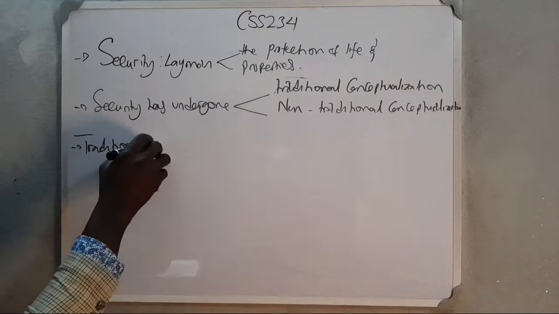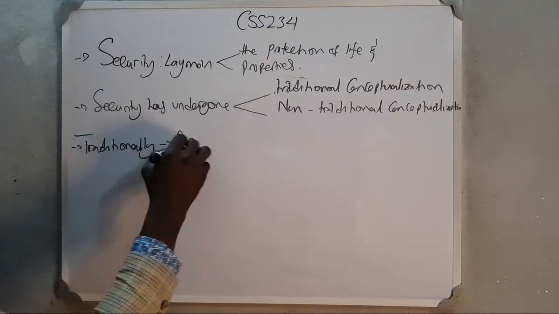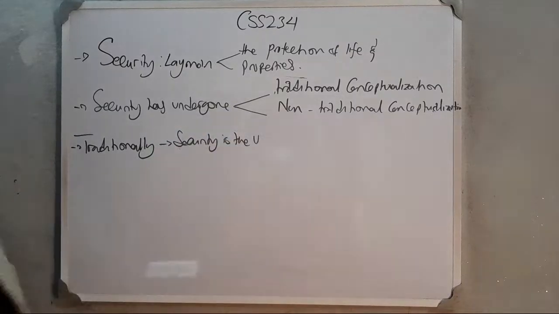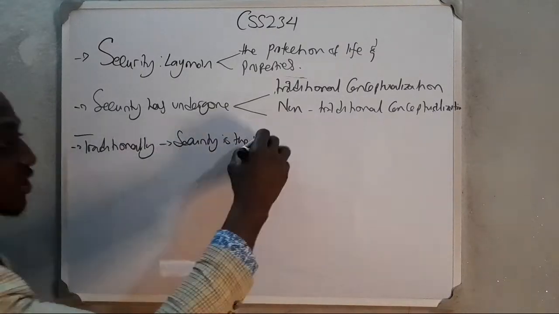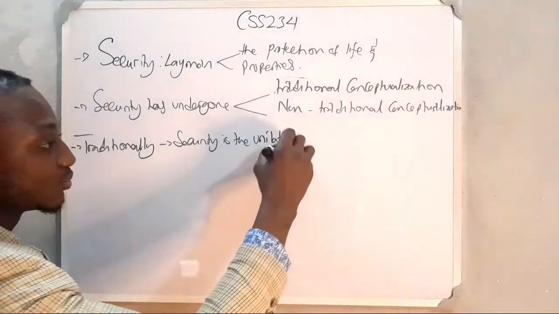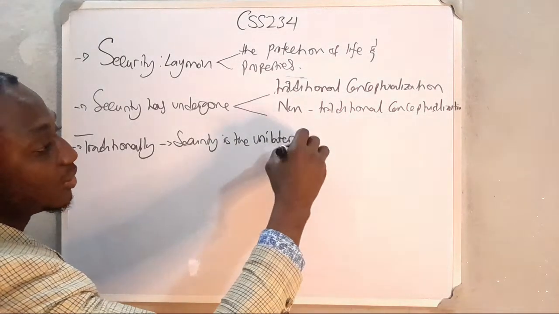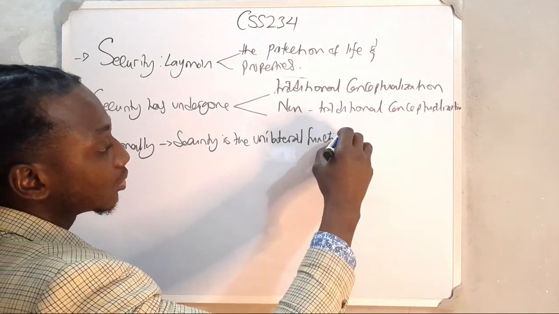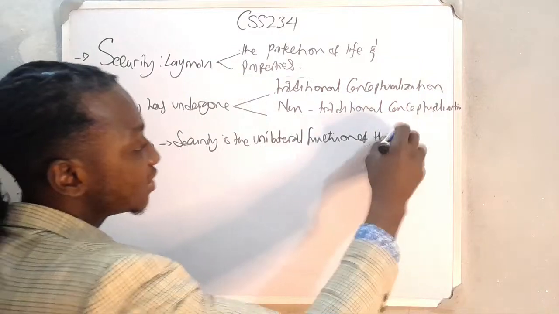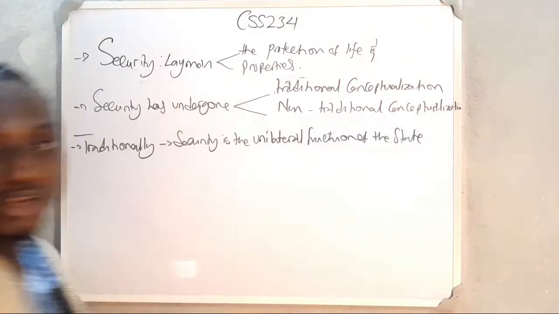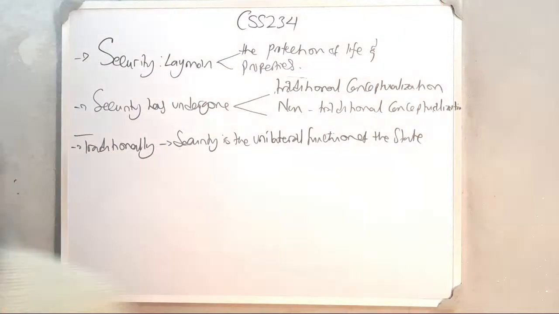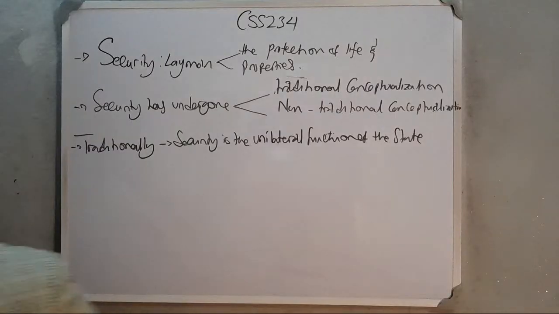Traditionally, security is the unilateral function of the state, whereby the state is charged with the sole responsibility of protecting its citizens, just like Thomas Hobbes argued.